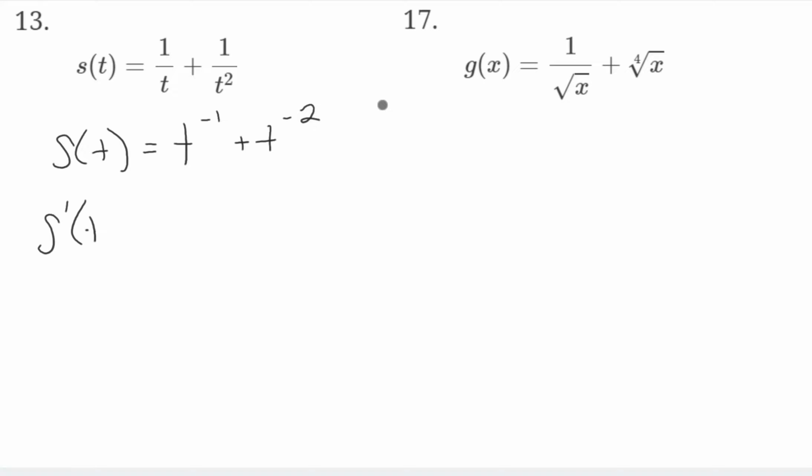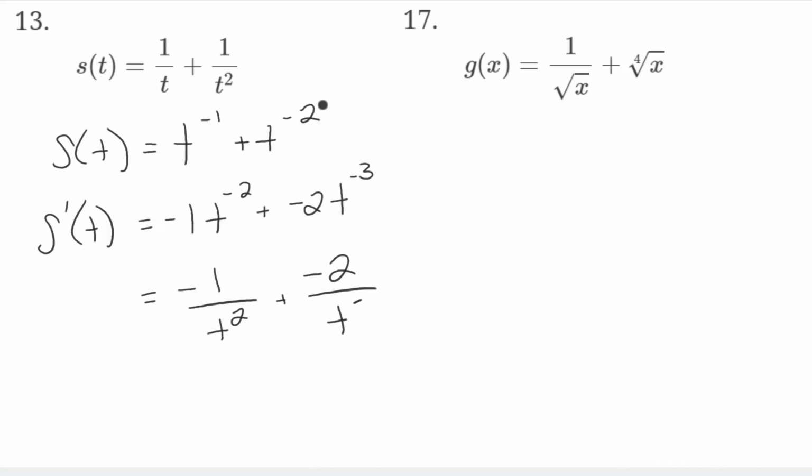The derivative of that, we have negative 1 t to the negative second plus negative 2 t to the negative third. And then we can swap that back down, so it's negative 1 over t squared plus negative 2 over t to the third. Actually, I could make that minus.